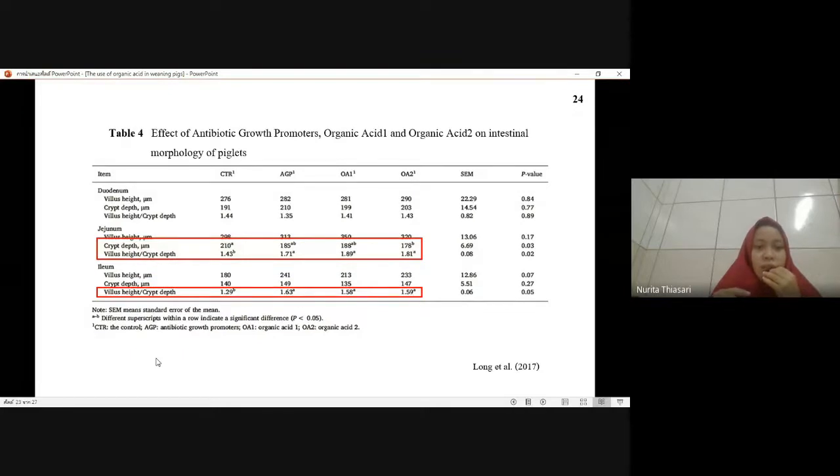So I'm curious about this. Is the organic acid working only specifically on the jejunum? Would you please explain, because I don't understand. Could you get my point?